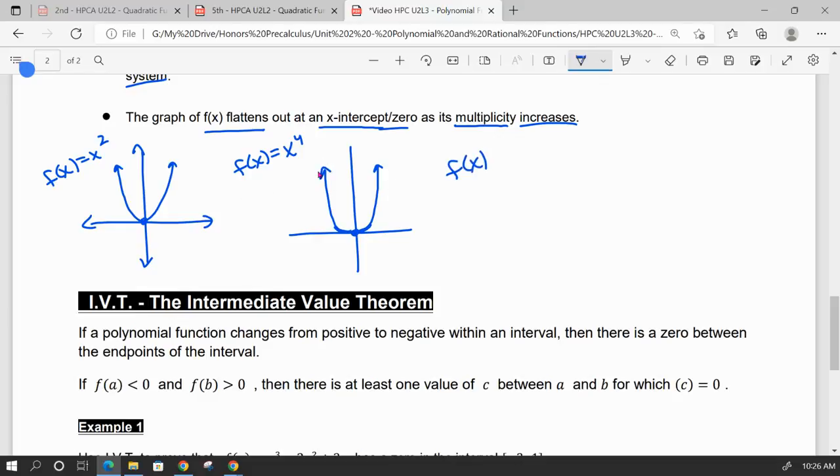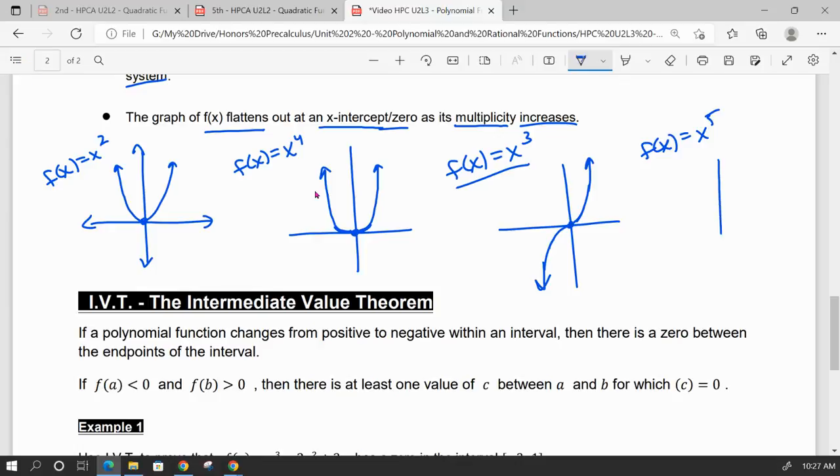If you have a function that has an x to the third, the parent cubic kind of looks like half of a parabola going up and half a parabola going down. If you have a function that's x to the fifth or a fifth degree, at its turning point, it's again going to just be a little bit flatter around that turning point and then a little bit steeper on the sides.